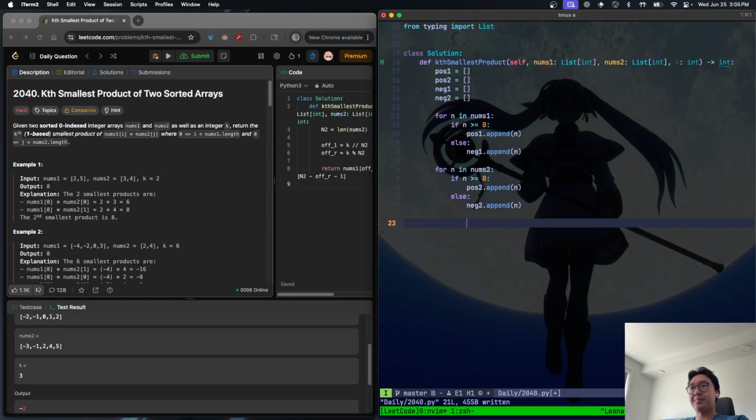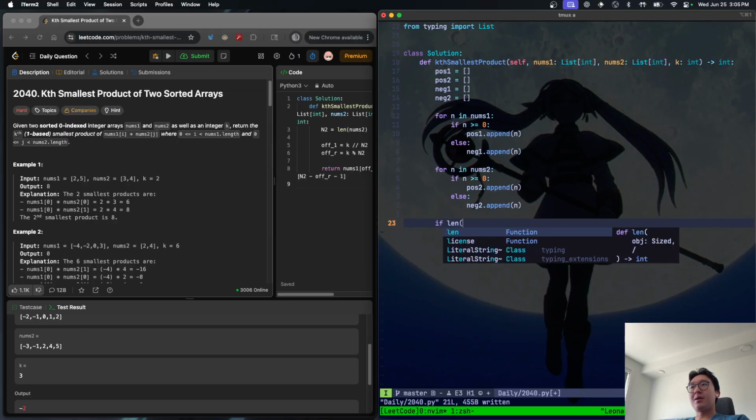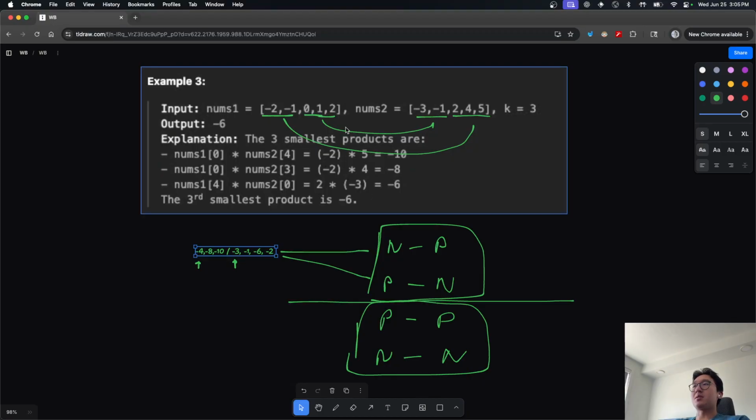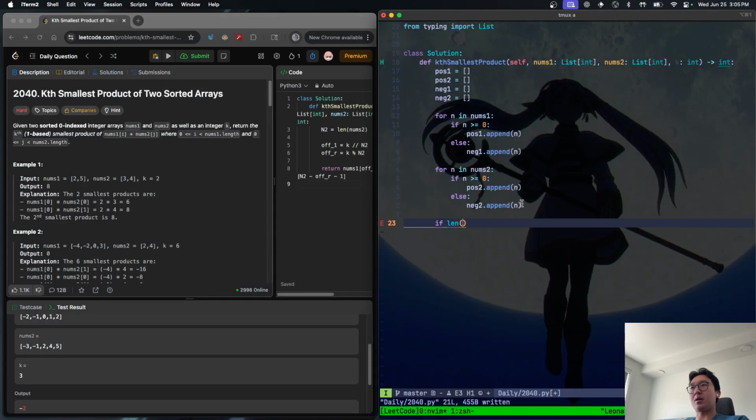So negative and positive. Okay, so let's say we have two numbers here, two here, two here, two here. This is four numbers, this is four numbers. Yeah, I think k is exactly k.